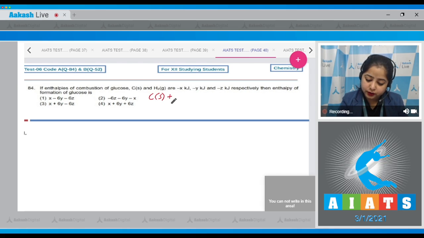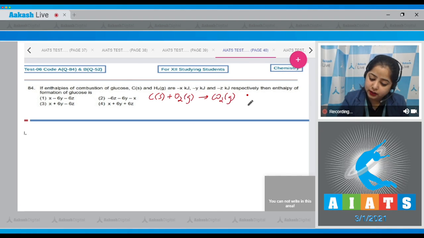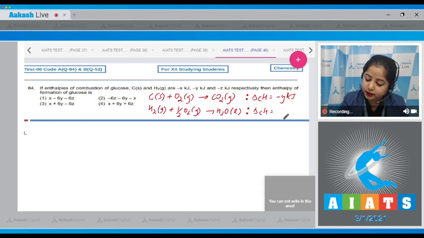Carbon solid plus O2 gaseous gives CO2 gaseous, and here enthalpy of combustion is equal to minus y kilojoules. Next we have H2, so H2 gaseous plus half O2 gaseous gives H2O liquid. Here enthalpy of combustion is equal to minus z kilojoules.